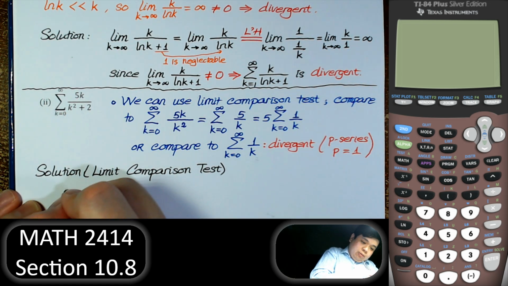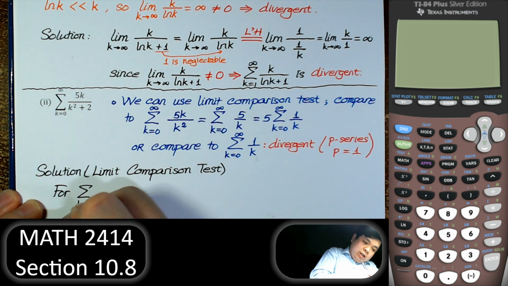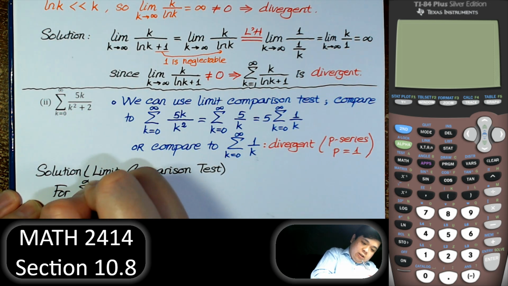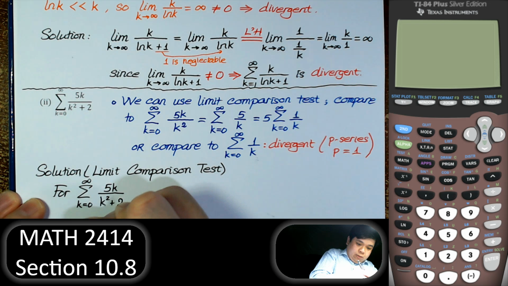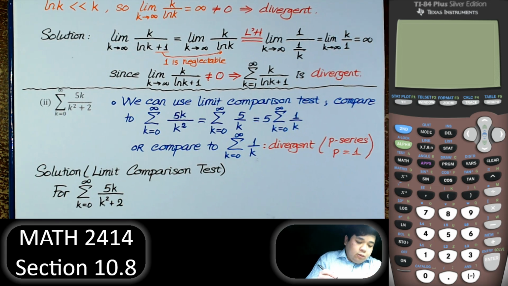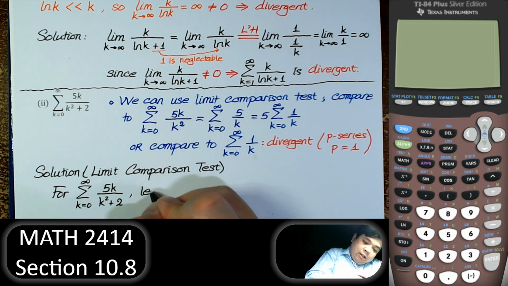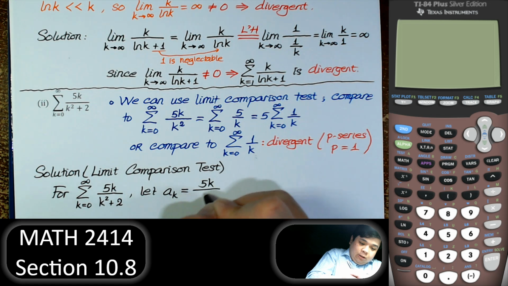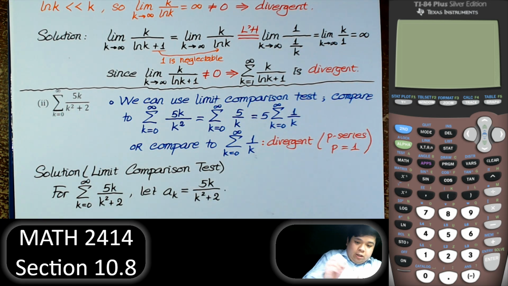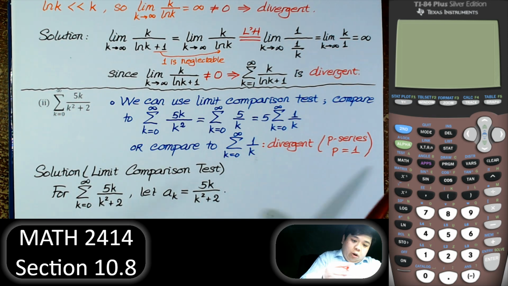First of all, for the given series, let that be h of k. Now, we will compare to this.